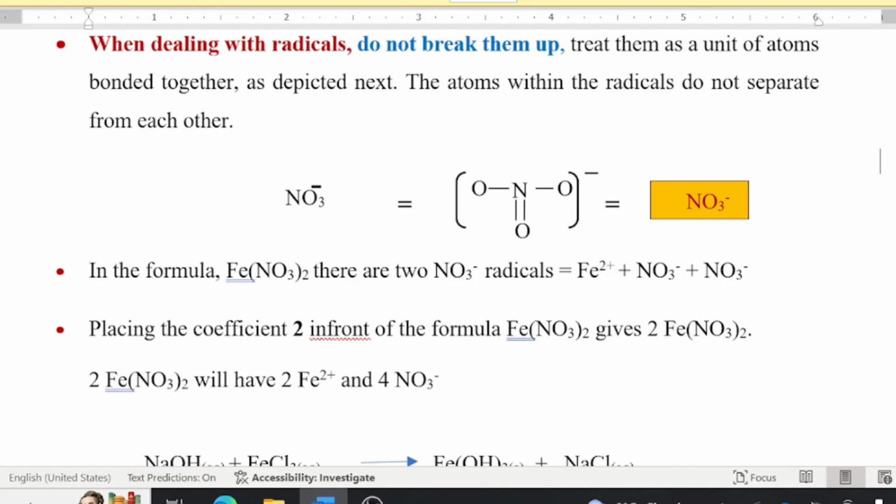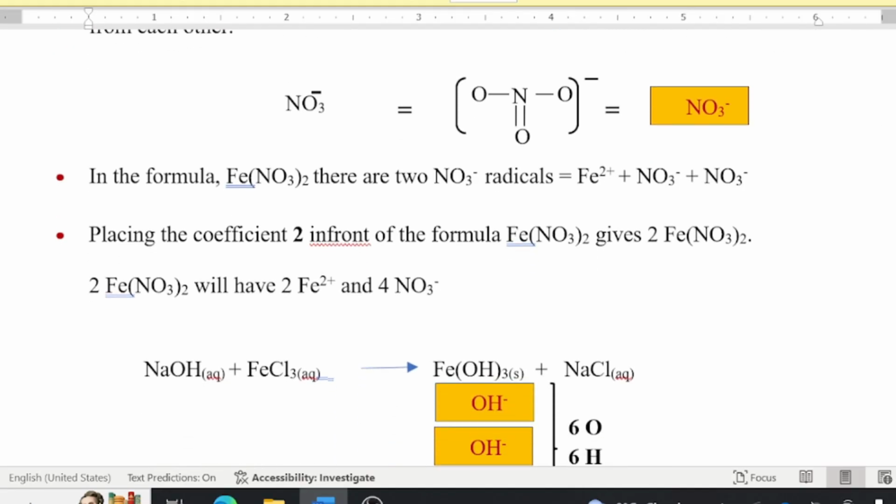It multiplies this by 2, all right? But now, how many nitrates will you have? This 1 here gives me 2. So when you put a coefficient in front, everything gets doubled. So I'm going to have 4 nitrates, okay? So this will be equal to 2 of these and 4 of those.